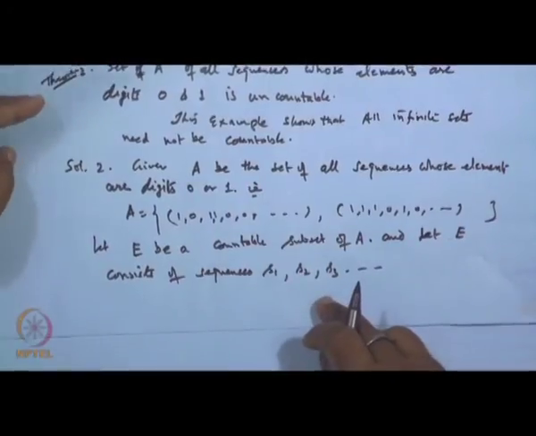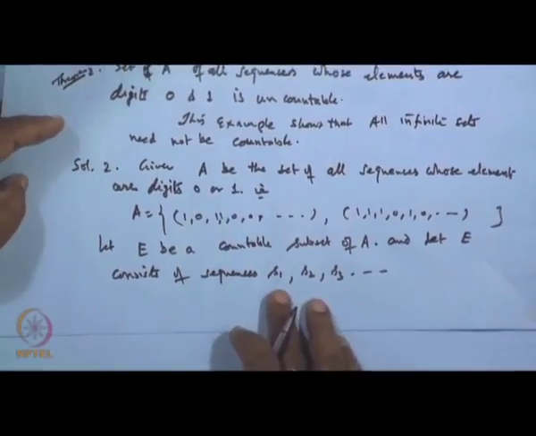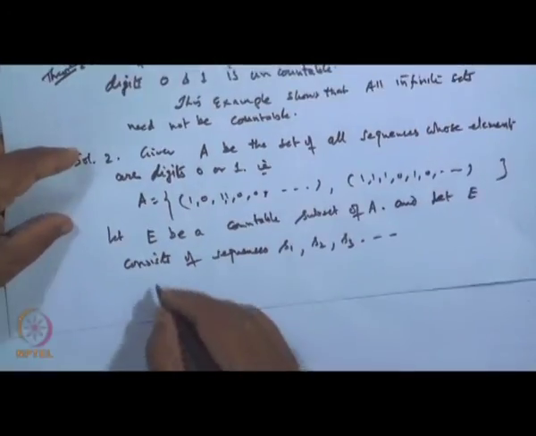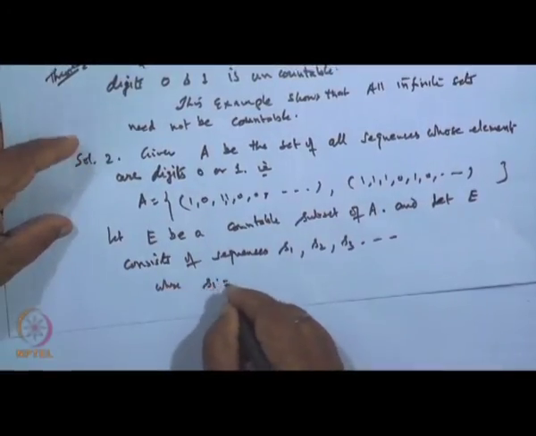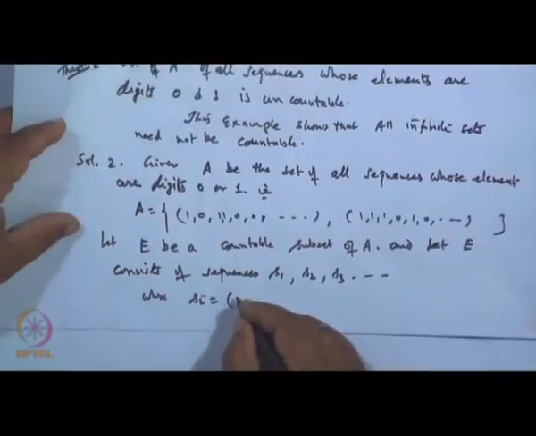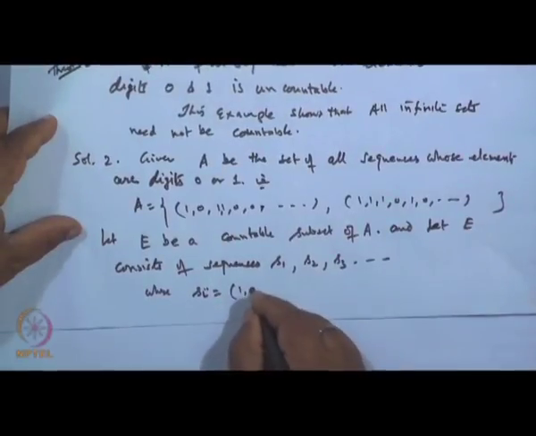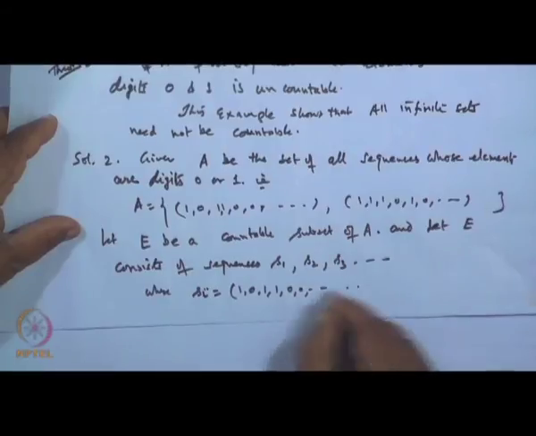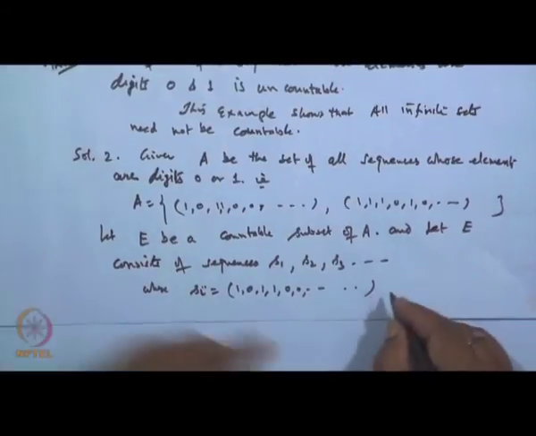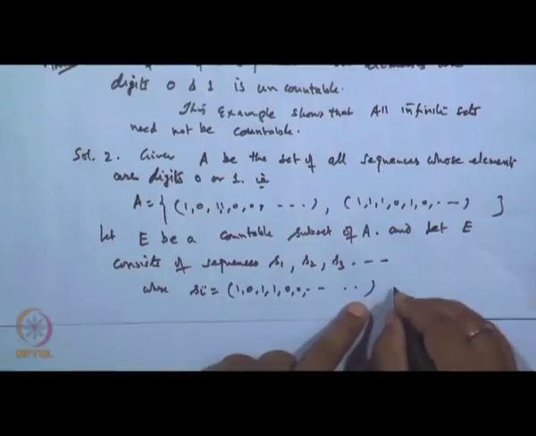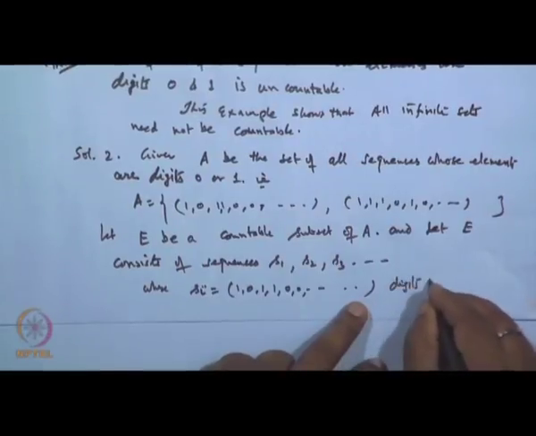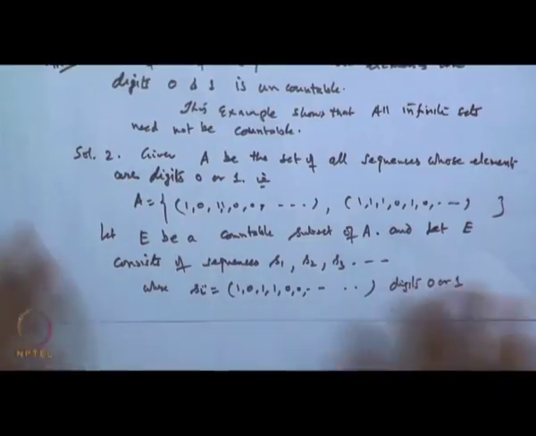So, we can arrange the elements in this form. Now, each Sn is a sequence like 1 0 1 1 0 0 0 and so on, where the digits are either 0 or 1.